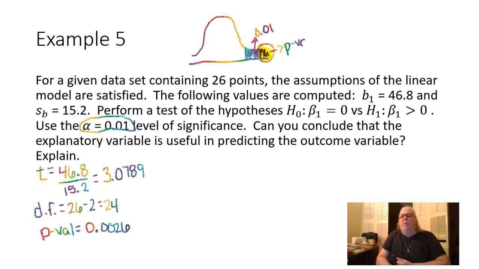Now, the test that we've been doing to decide whether to accept or not is we're trying to make sure, is our p-value less than the alpha value that I'm given? And in this case, yes it is, because our p-value is 0.0026, and that is less than 0.01. So we are going to reject the null hypothesis.